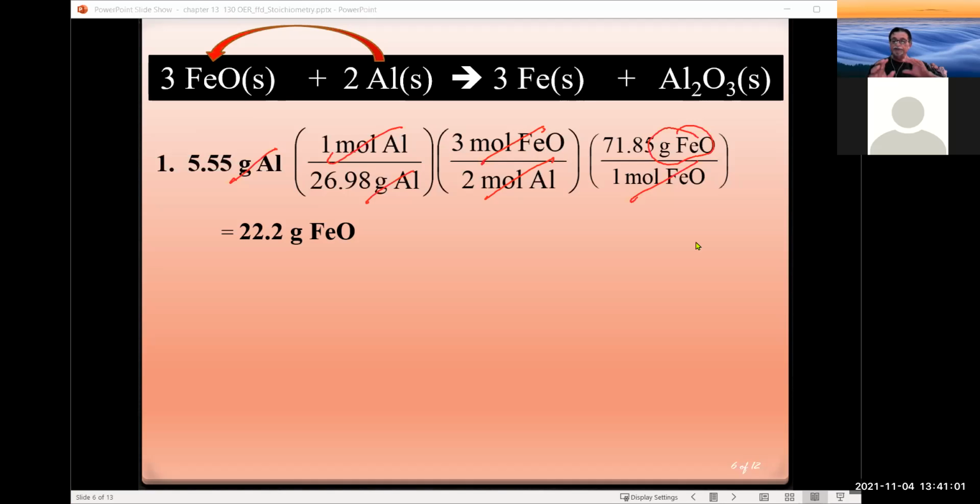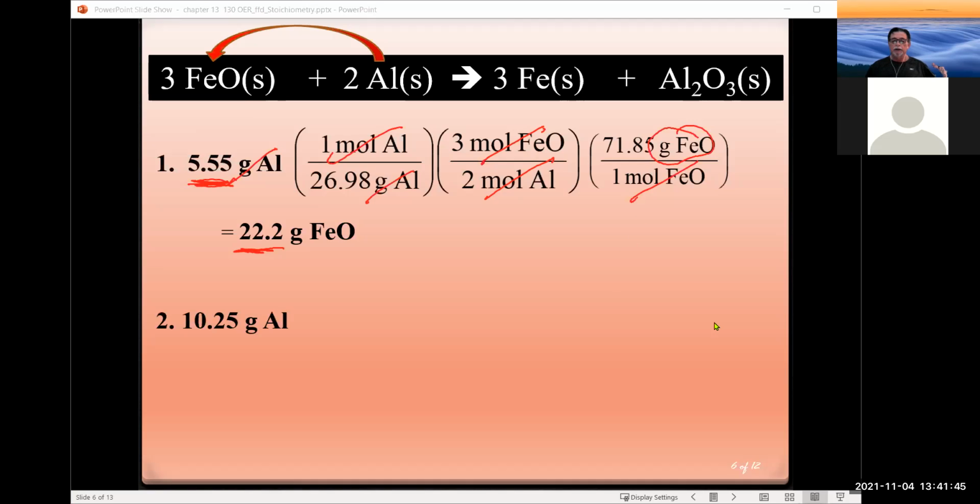What this is telling you is that if you start off with 5.55 grams of aluminum, I need at the minimum, for all reactants to react completely, 22.2 grams of iron 3 oxide. If I have more, I'm going to have excess iron 3 oxide. If I have less, I'm going to have excess aluminum. But I need to have that amount of each so they all react completely and give us all the product we're looking for.